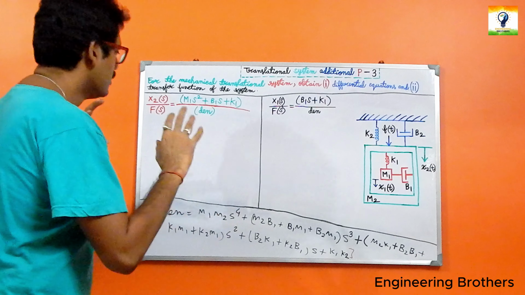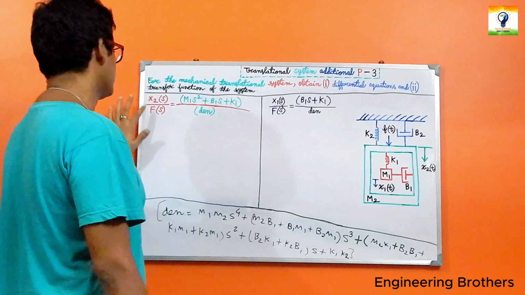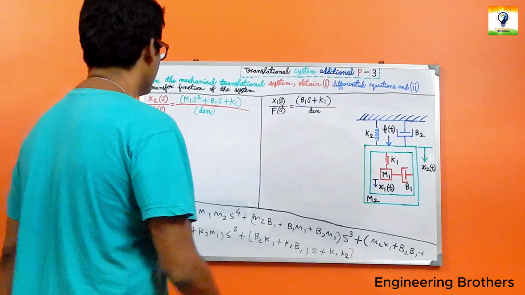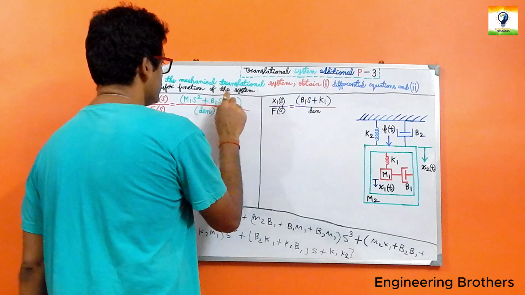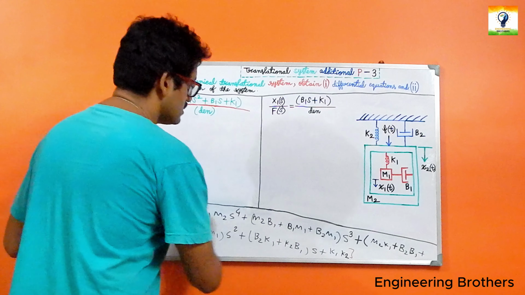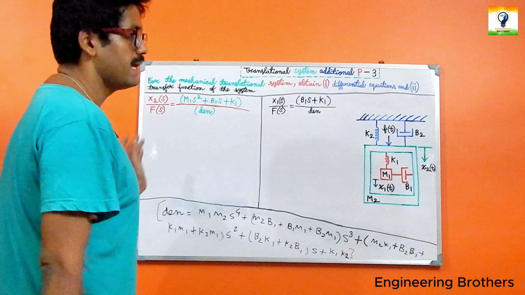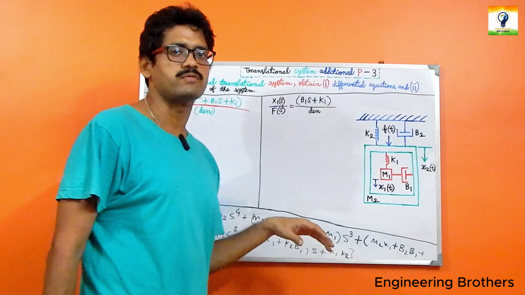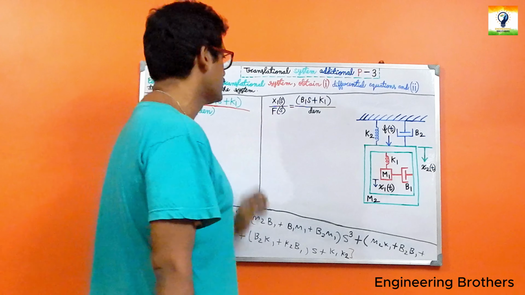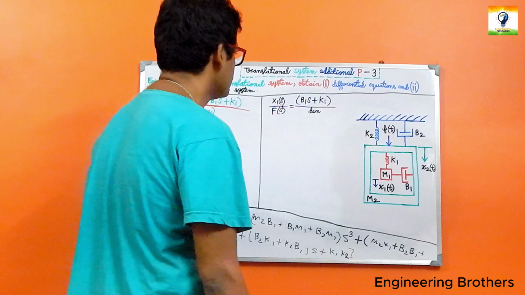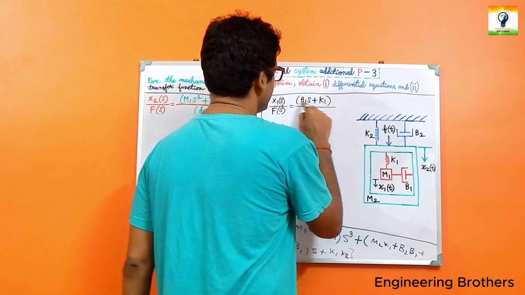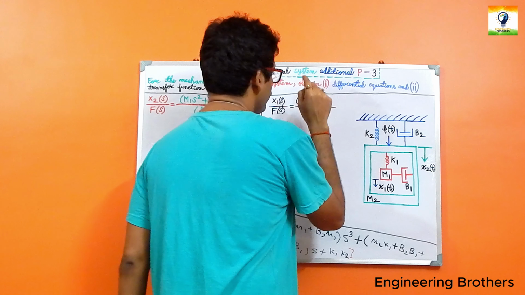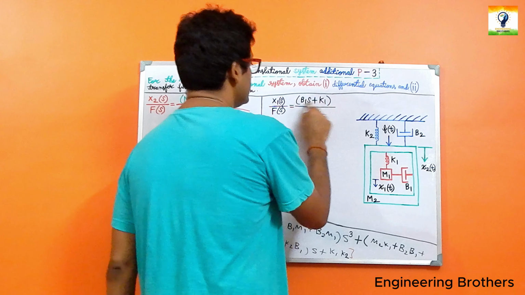First, we found our expression for X2(s)/F(s), which is m1 s squared plus b1 s plus k1, and the denominator is this whole thing. And for the next transfer function, X1(s)/F(s), we came out with the expression b1 s plus k1 divided by the denominator.